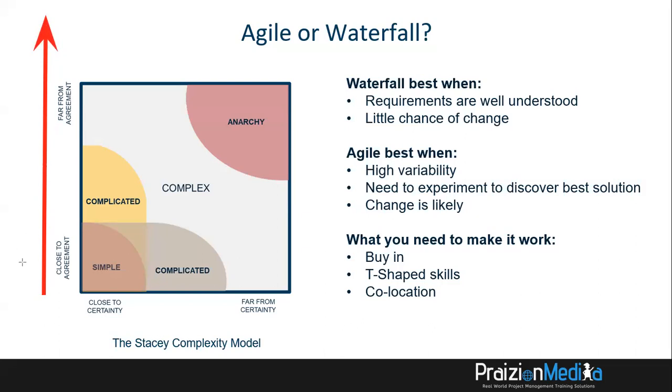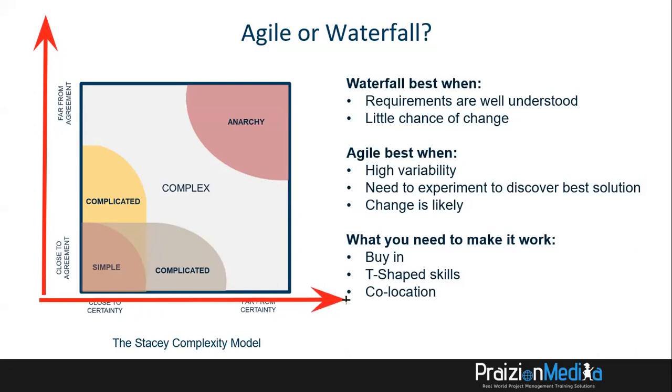So in PMI's Agile Practice Guide, they have requirements on certainty, they call it, but they have on the x-axis technical degree of uncertainty. That way.